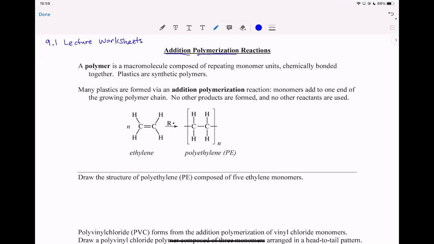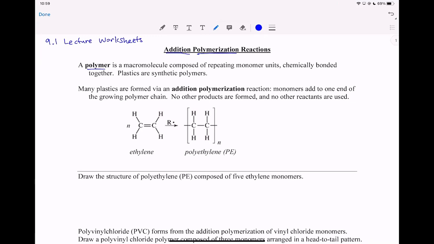In the addition polymerization reaction, you have 1 monomer added at a time to one side of the polymer chain. So this is forming the polymer, and eventually you'll have a lot of monomers, and that will be a giant molecule called a macromolecule. It's the same thing bonded over and over again, and that same thing is the monomer.